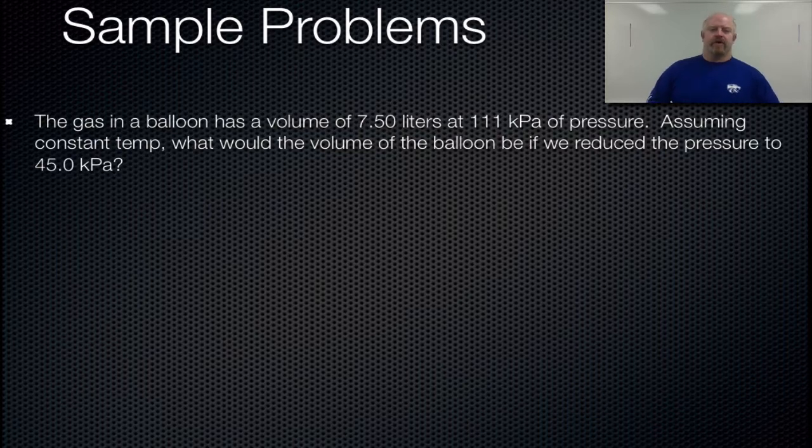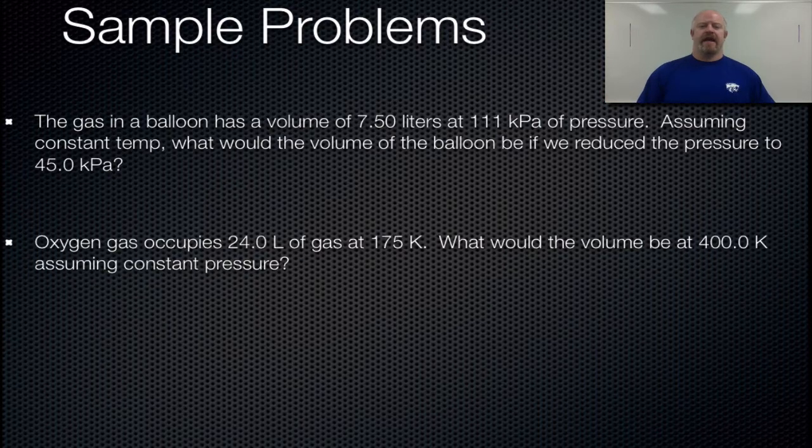Okay, so the first question that we have is dealing with gas in a balloon. You have a set volume, you have a set kilopascal pressure, and assuming constant temp, what's going to happen to that volume of the balloon if we reduce that pressure? So that's what we're looking at in terms of our first practice problem. The second practice problem talks about 24 liters of gas at 175 kelvins.